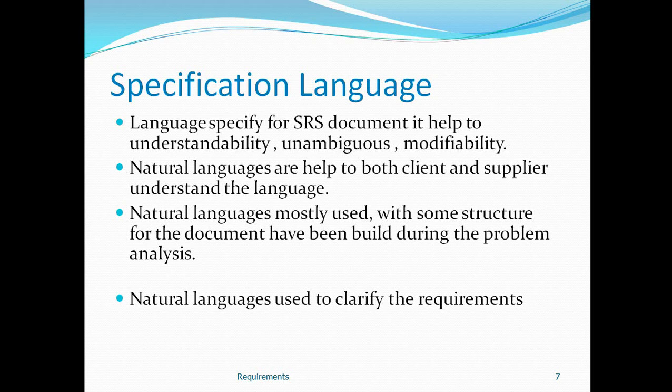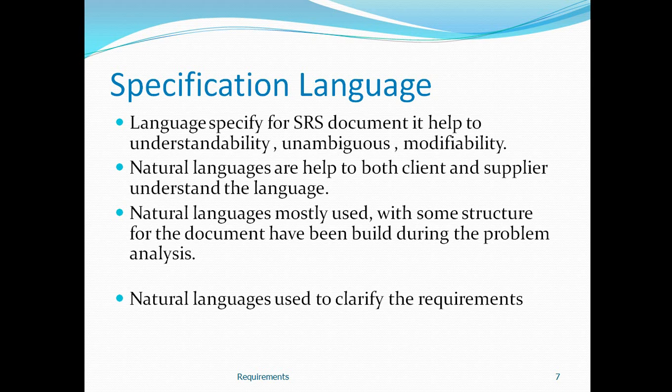So the SRS documents must be written in natural language, a language that can be understood by the user and the developer. Generally, it is the English language. The system and the documents are written in English. Both of them must understand the elements and the functionality of the system.